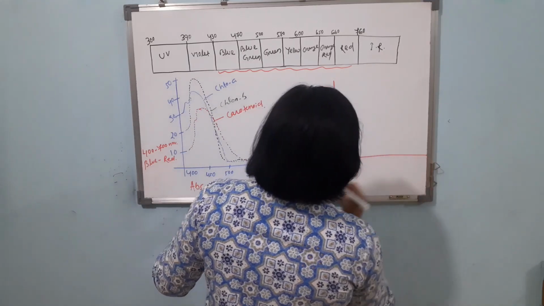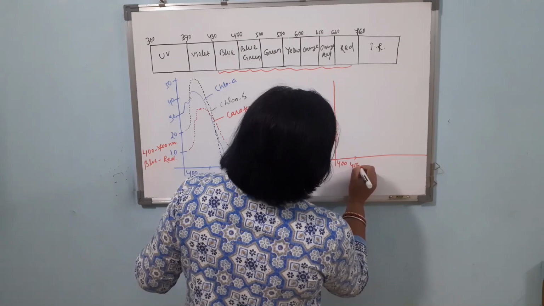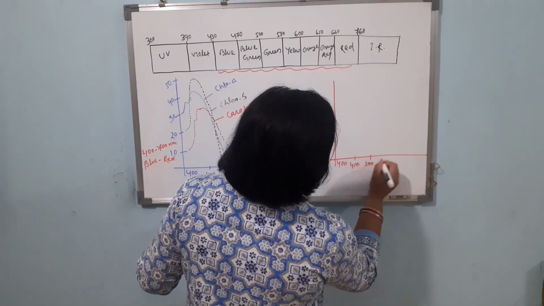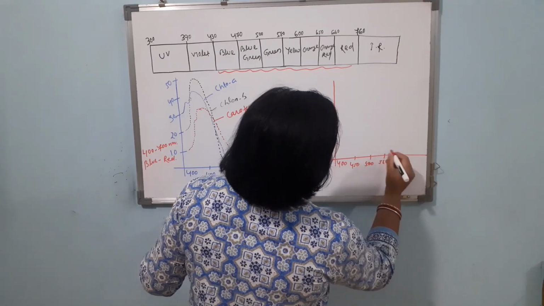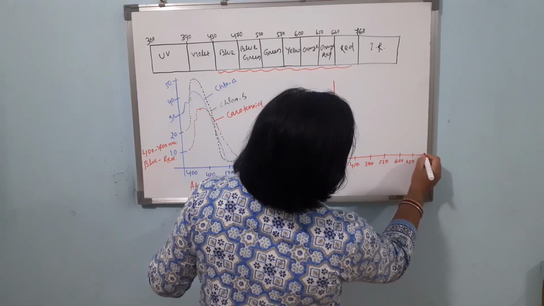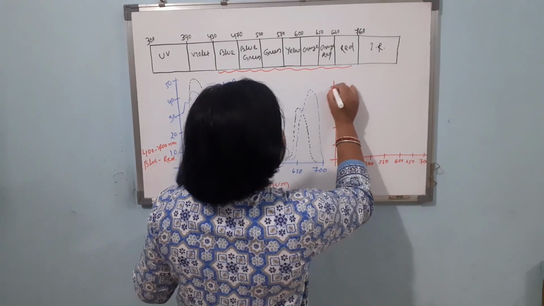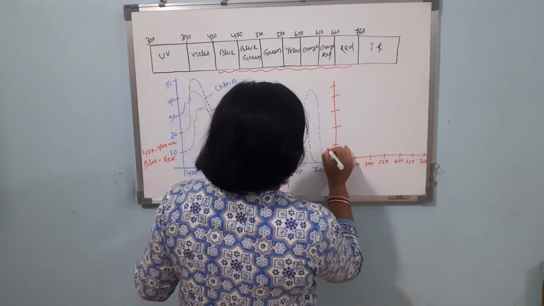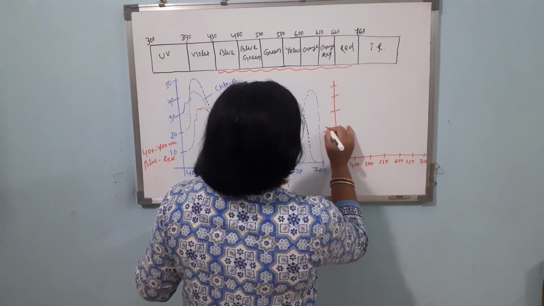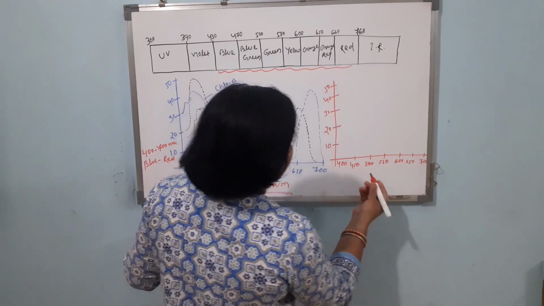First we will make a graph: 400, 450, 500, 550, 600, 650 and 700, and on the y axis 20, 30, 40, 50.